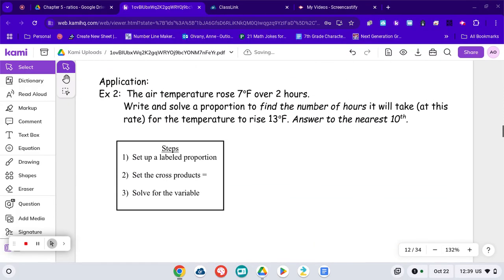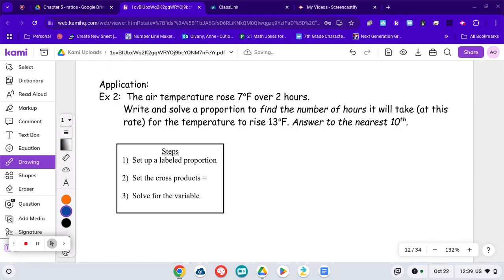And so I want to refer you to some things we do that help us. We always set up a labeled proportion. So I start with words, what I compare in words, and then I set up that cross products being equal to each other, those two ratios, and then I cross multiply. So the air temperature rose 7 degrees for every 2 hours.